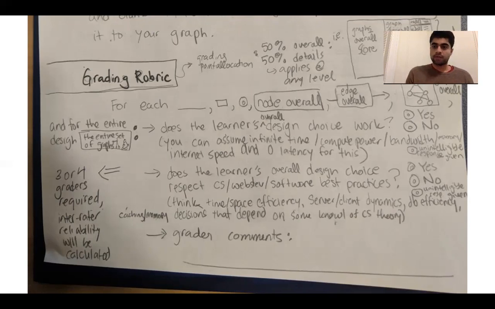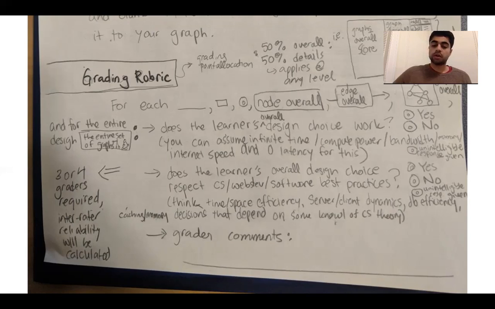So we would almost have a fractal that is created by this rubric. You have an overall score that accounts for 50% of the score, and then details account for the rest of the 50%. And that keeps on going until you get to the most granular level of detail.